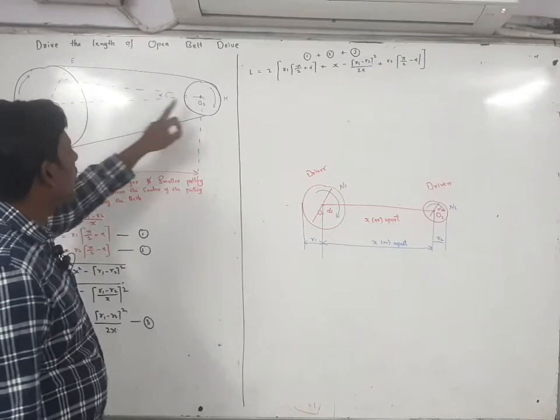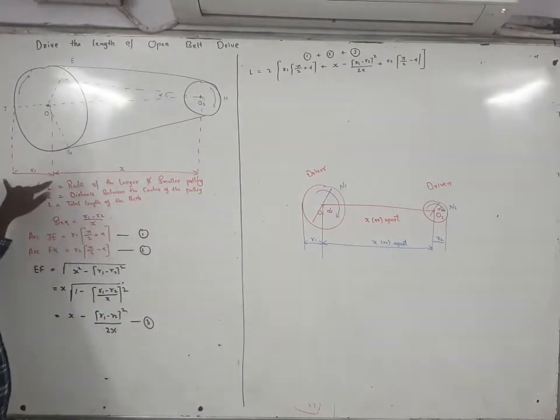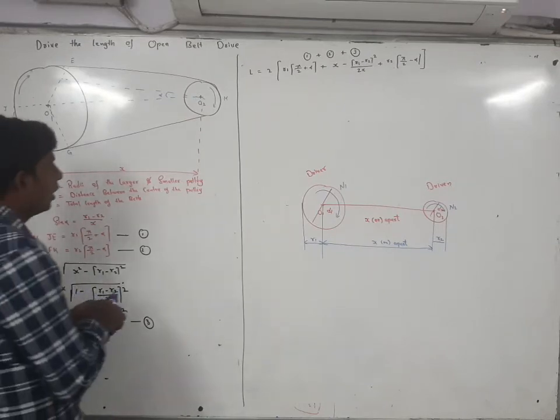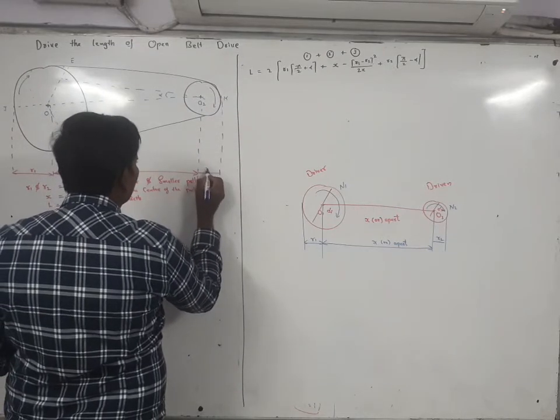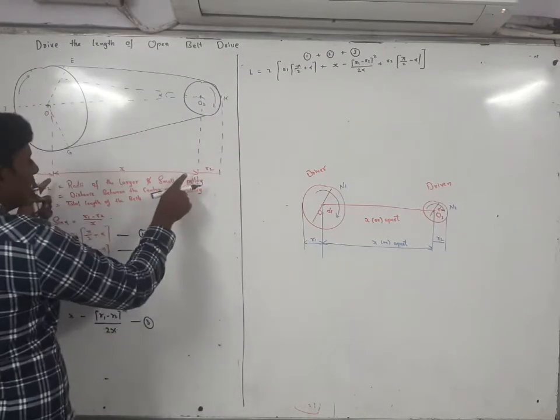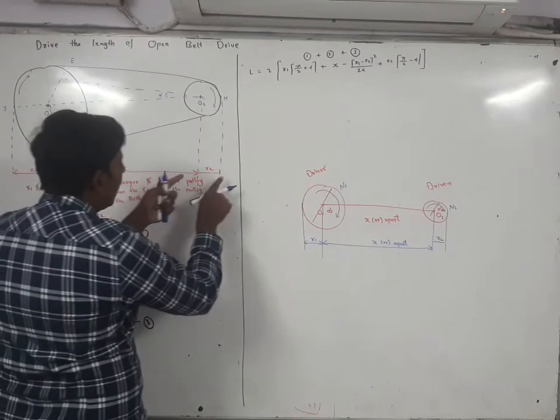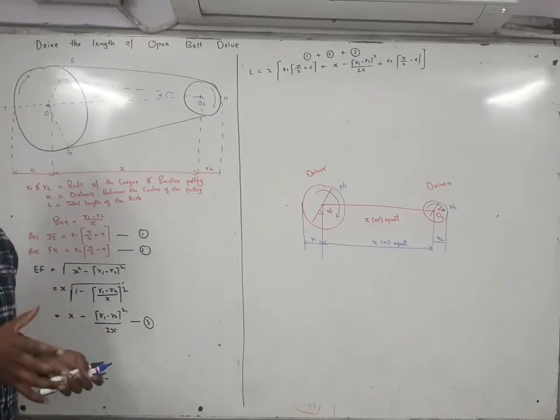The distance between the centers is known as X, another name is apart. This radius is known as R1, and this radius is known as R2. Like this you have to write all that theory.